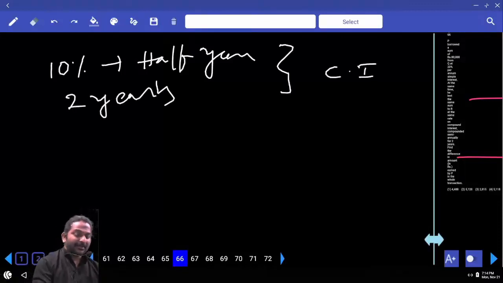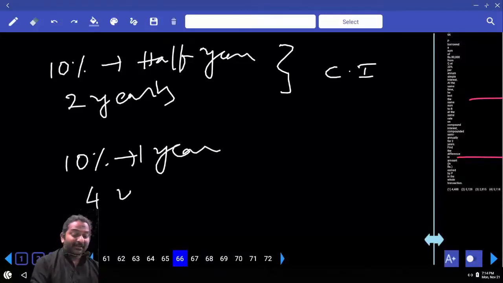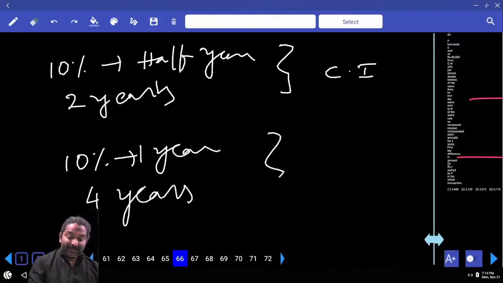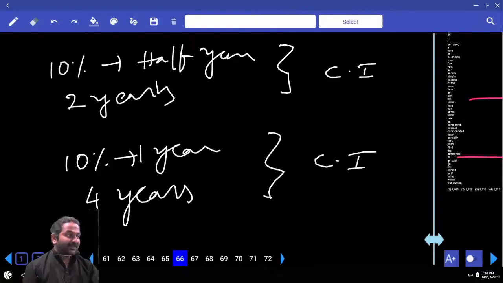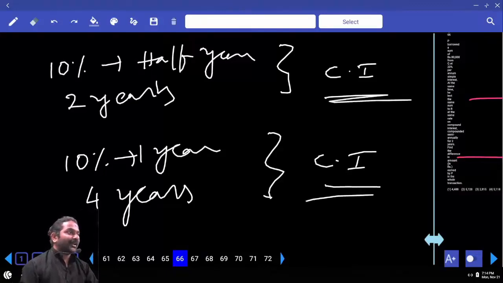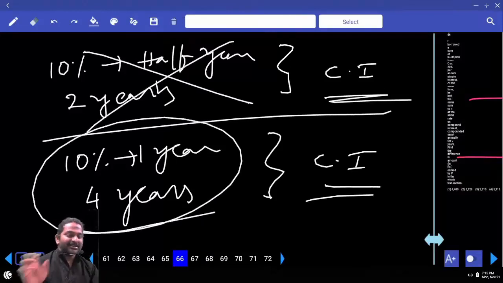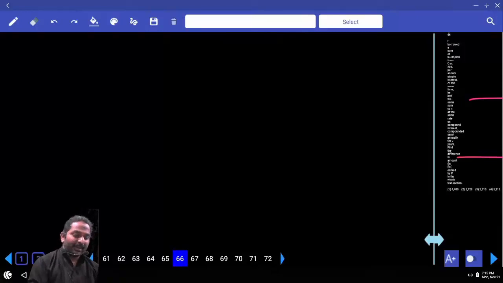Now I am saying 10% for 1 year, like that for 4 years, and you will get compound interest. The principal in both cases is the same. Do you get the same compound interest or not? Yes or no? So I don't want to do this now. I'll directly consider 10% per annum for 4 years. Is that okay? Now we can calculate 11 to the power of 4.